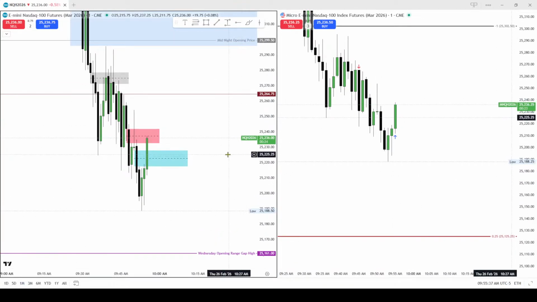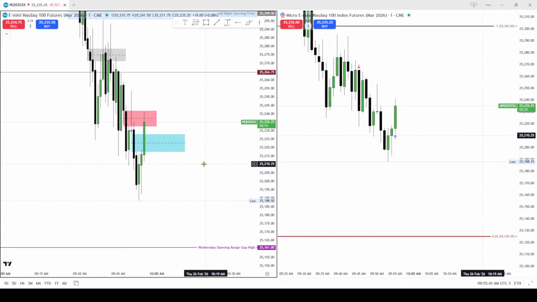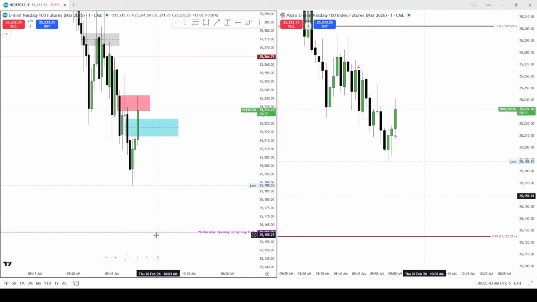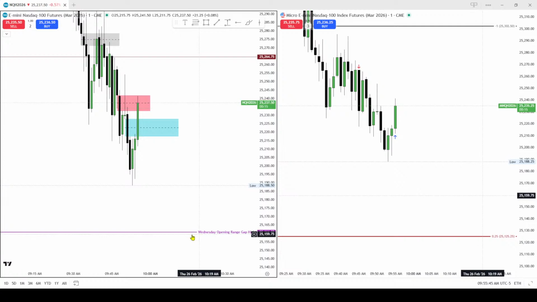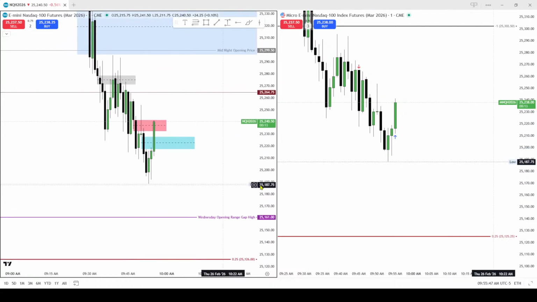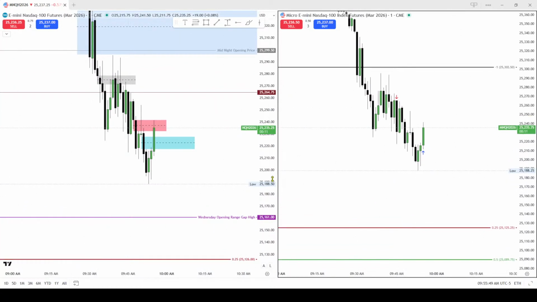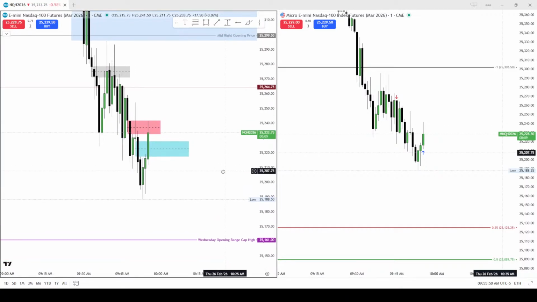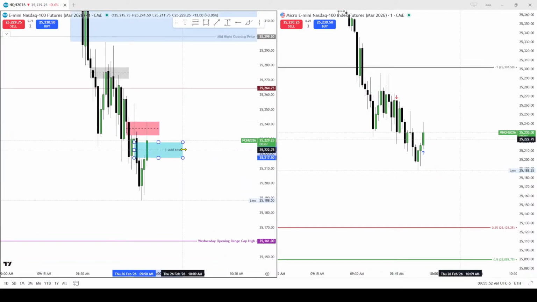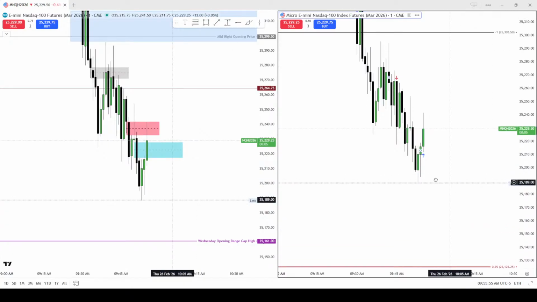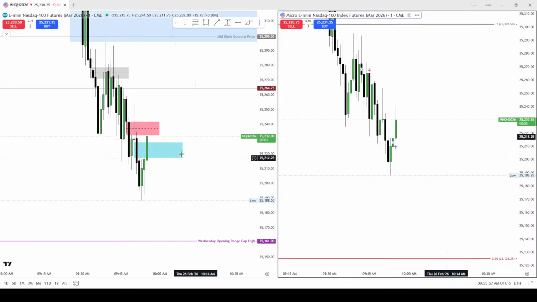So let's just watch price here for a minute, seeing what they want to do. But again, the target is still the lows of yesterday. Let's see if they still want to take price there or not.